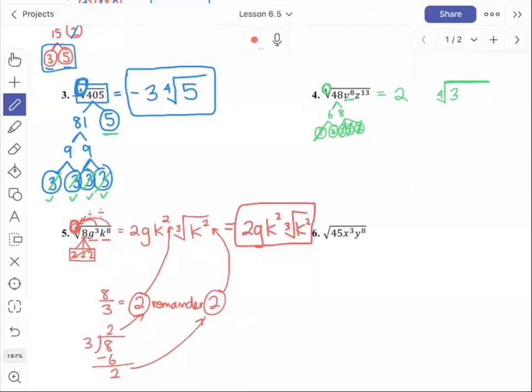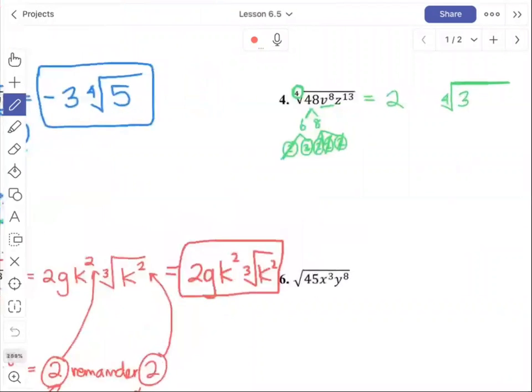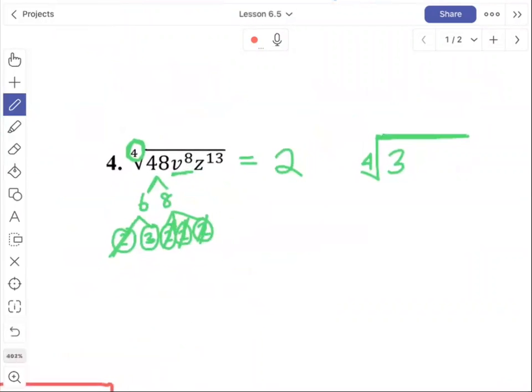Do you divide it by the root on the outside? Yeah, so that's called the index. Okay, so apply that now to the v. So what happens when we divide? You get 2. Good. All right, so then that's v squared. Okay, now do the same thing for the z. What happens? Isn't it just 13 over 4? Good. So 13 over 4, what does that give you?